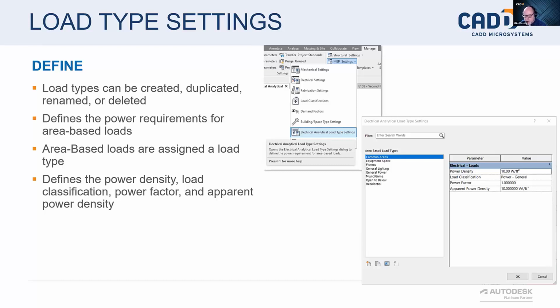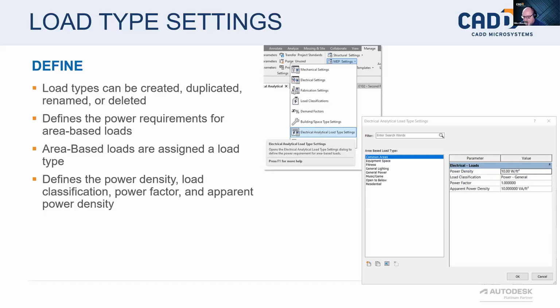And I would recommend creating a load type setting for each type of space that you have. So depending on your project, depending on what type of building it is, you may have common areas, or you may have resident areas, or you may have office areas, or you may have different types of areas in your building that will require different electrical loads. And for each one of these, we can create and assign the power density for that type of space.